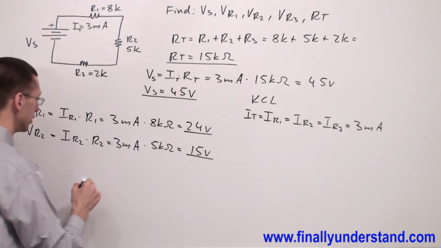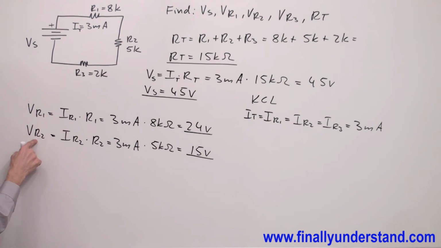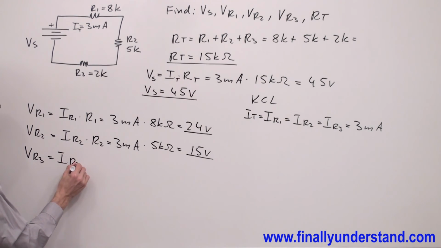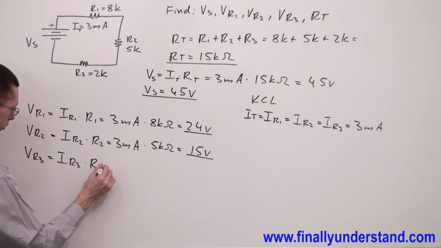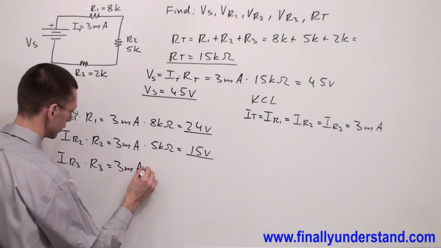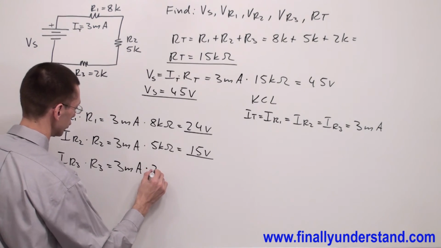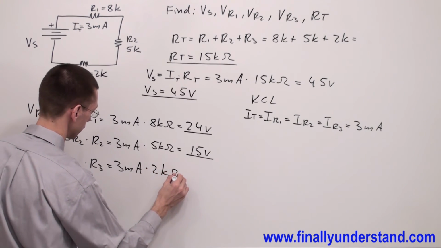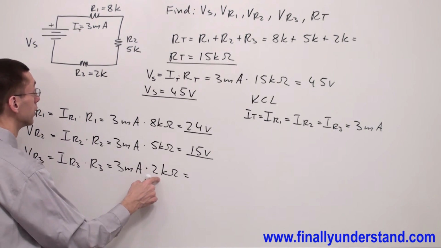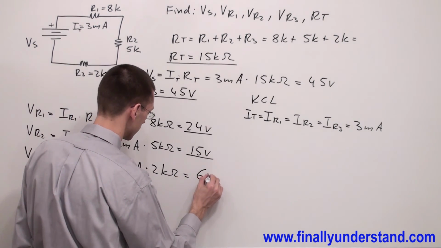And this is the voltage across resistor R2. VR3 is equal IR3 times R3, which is equal 3 milliamps times 2 kilohms. 3 milliamps times 2 kilohms is equal 6 volts.